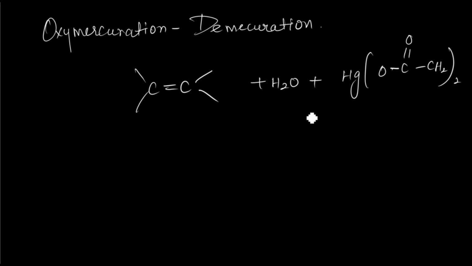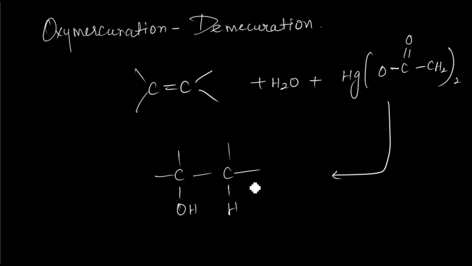This will give you the product with H and OH added. Oxymercuration and demercuration will give you the H and OH substituted product. So can you tell me the product for this reaction?